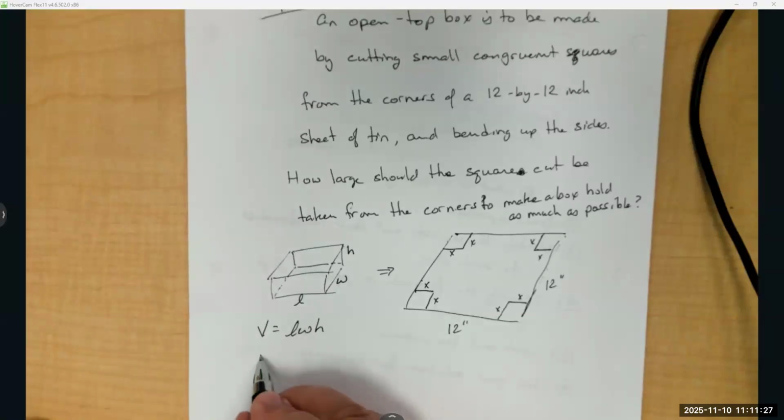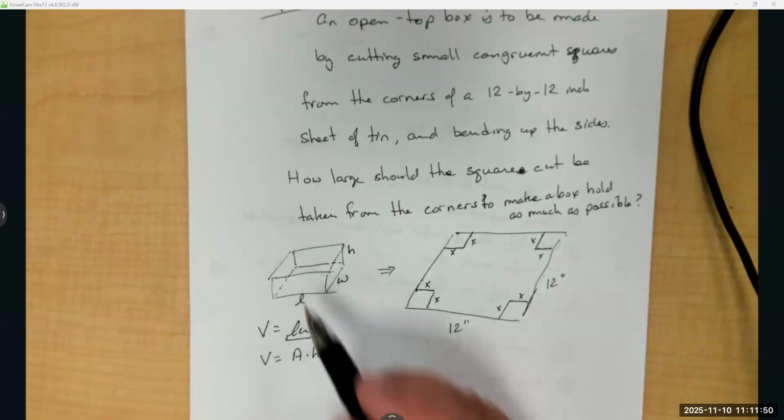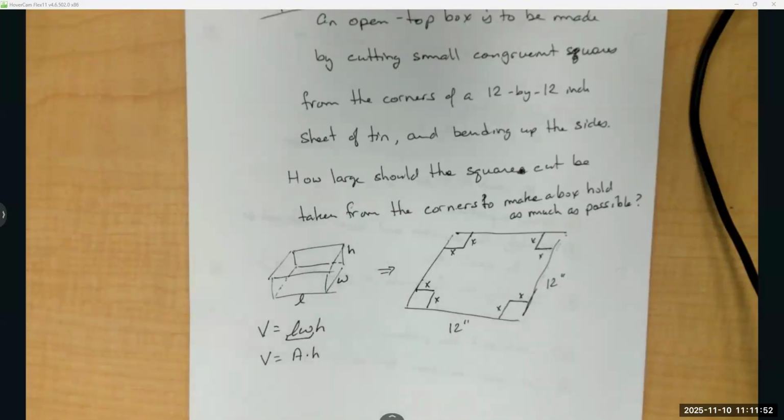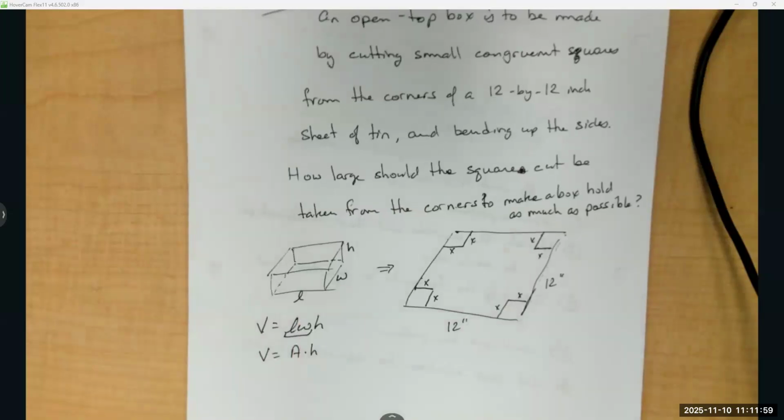If you think about it, a volume of a box, well, open-end box, length times width is actually what? That's really the area of the base, because we only have one bottom, and then the height. We're looking at really two separate parts. So how do we go from this picture to this formula?